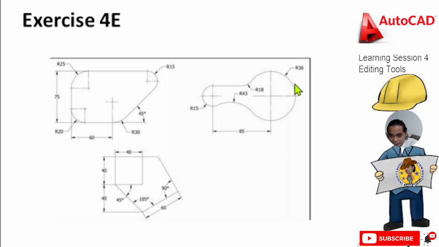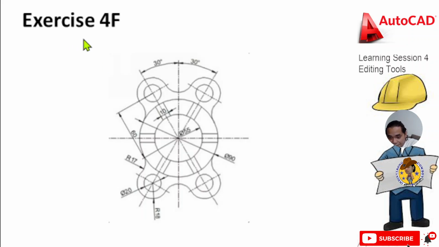Small circle, big circle, and this arc or these lines. Okay, with angles. For F, so this is the one. So more circles. Okay, this is for F. Okay, so you can just pause the video so that you will see the drawings.